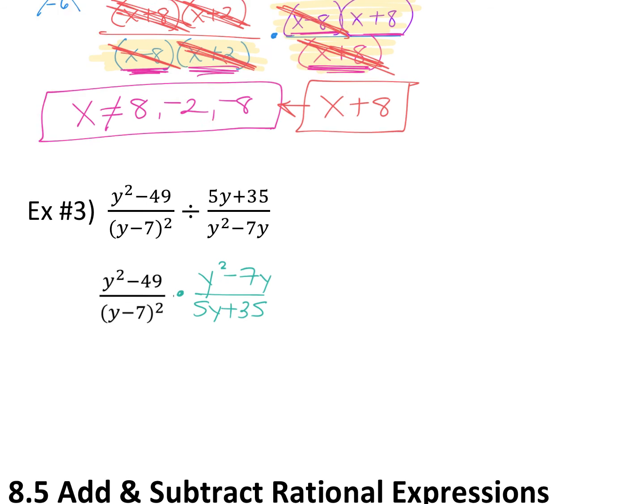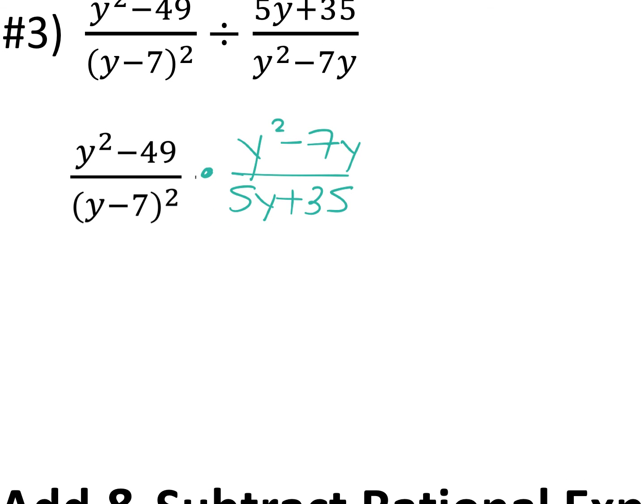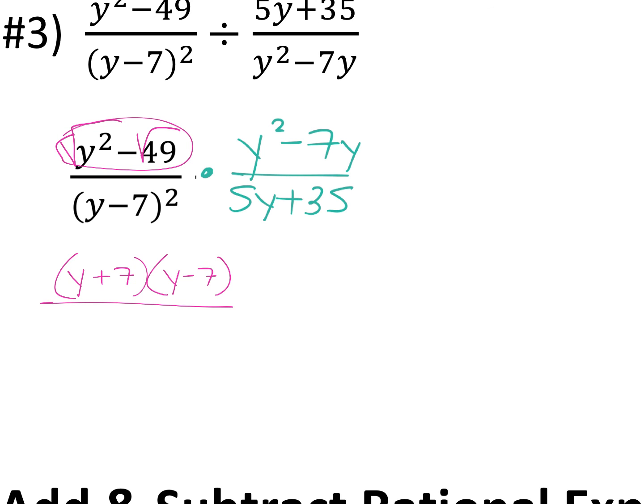Okay, so this is your setup, right? We're going to multiply this, which means factor up here is going to be y plus 7 times y minus 7, right? Difference of squares is always take the square root of both. One is plus, one is minus. Y minus 7 squared, it's tempting to call that y squared minus 49, but that's not y squared minus 49.